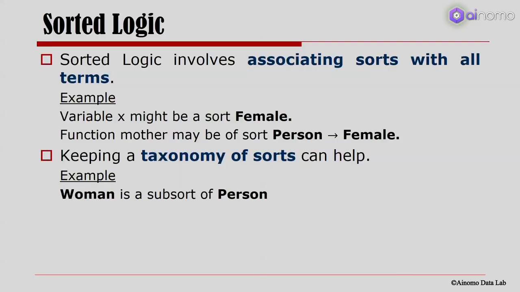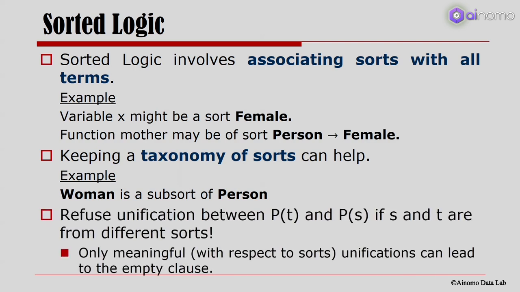Then one would keep a taxonomy of sorts, like one could say woman is a subsort of person. The idea is to refuse unification between literals P(T) and P(S) if S and T are from different sorts. This is under the assumption that only meaningful unifications with respect to sorts can lead to the empty clause. And this is how sorted logic can be used to reduce down search.